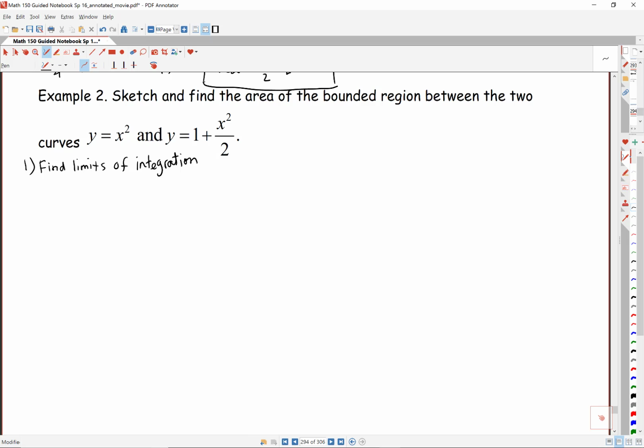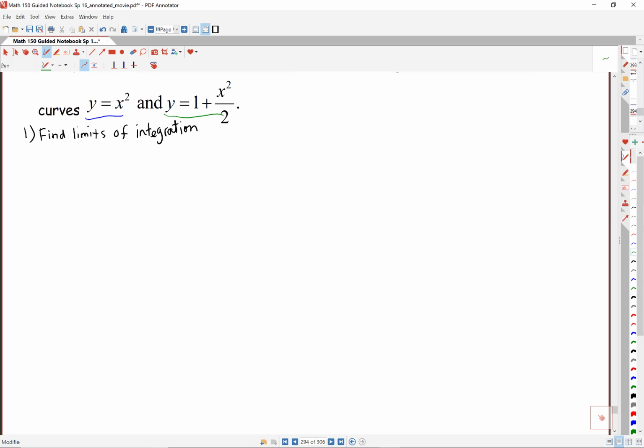So when we do this, we can call this one in blue, and this second one in green. We'll get x squared is equal to 1 plus x squared over 2. So when we solve that, and if we get everything on the left side, we'll have positive 1/2 x squared, right?